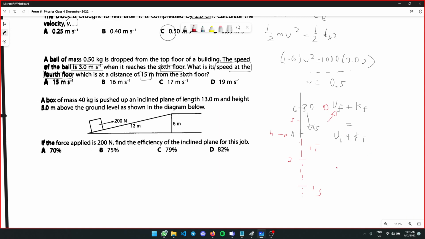So you'll get something like this: plus 1 over 2 mv squared equals mgh from 4.5 plus 1 over 2 mu squared. The final potential energy is zero because we assume that the fourth floor is the final floor.